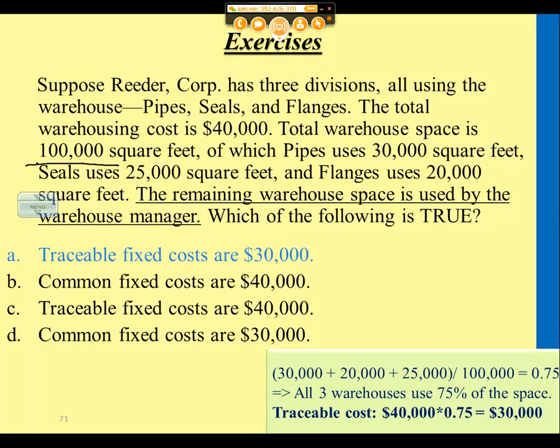I'll take all of these 3, sum them up, and divide by the total square footage. I'll get this 0.75, and for all 3, I'm using the 75% to determine the traceable cost. I'll multiply it by the 40,000 that the warehouse cost me, and that will give me the traceable amount of $30,000.